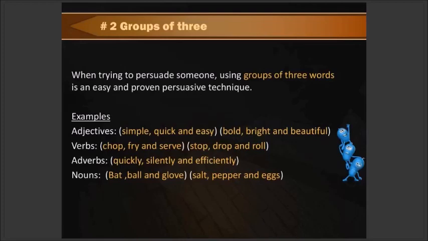I won't read through all of them, but if we look at the first one, we've got a list of adjectives: simple, quick and easy, bold, bright and beautiful. So using a group of 3 words to describe something, when you are trying to persuade somebody to do something, is going to make it even more persuasive.